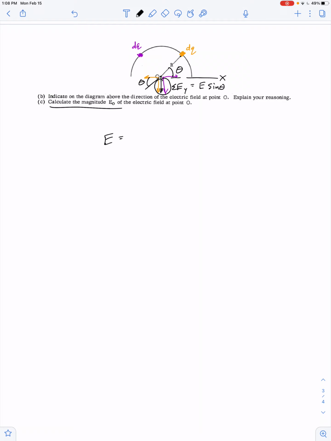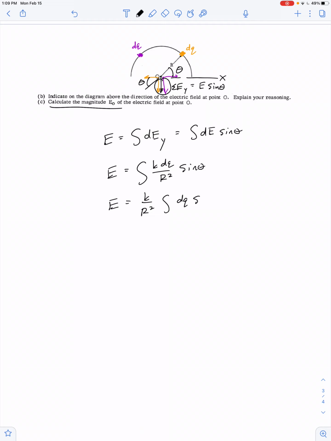The total electric field is the integral of all of the individual components, or all the little contributions, and only their vertical components. So in other words, this is the integral of dE sine theta, where of course dE is k dq over r squared. So the k and the r squared come out of the integral, and we're left integrating dq sine theta.